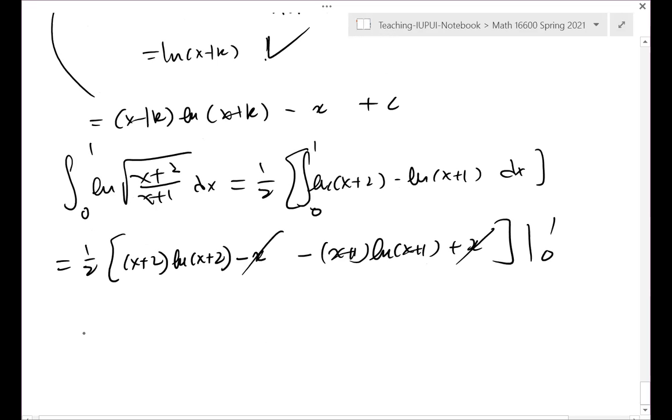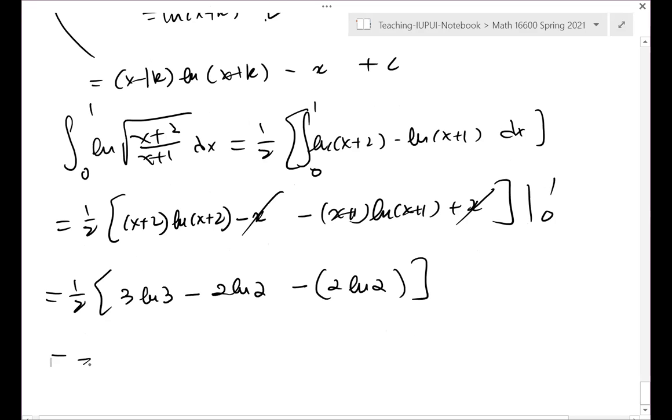Almost done. When x equals 1, I get 3 natural log of 3 minus 2 natural log of 2. And then I plug in 0. I get 2 natural log of 2. And the natural log of 1 is 0, so it's gone.